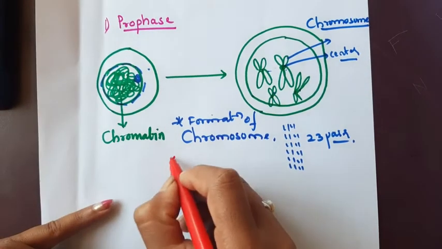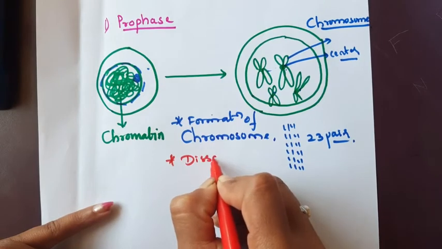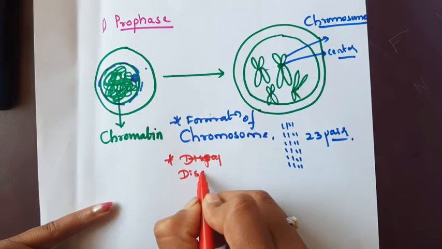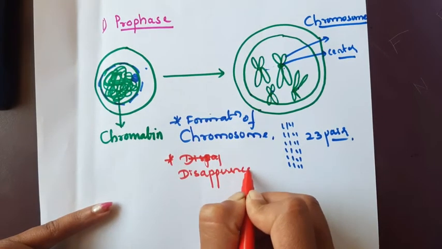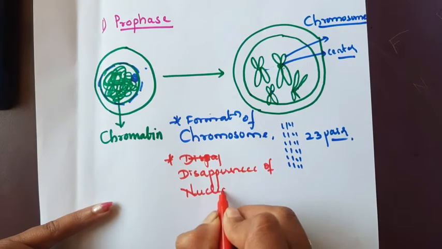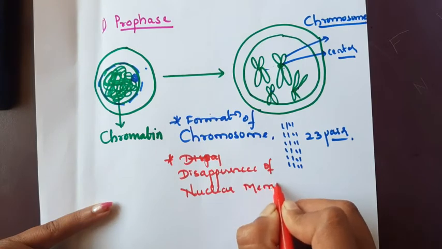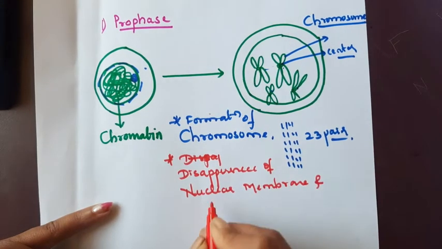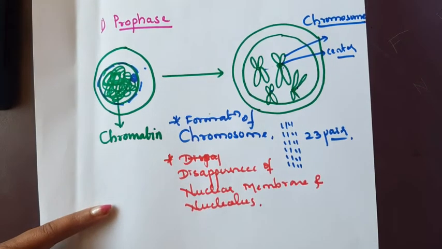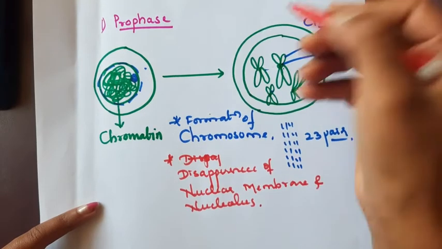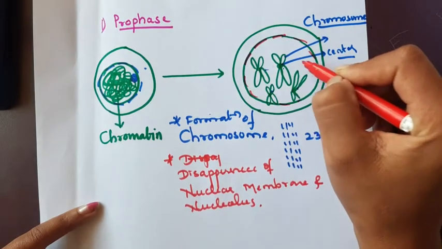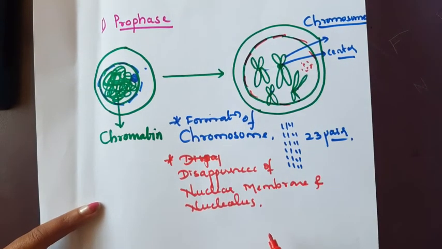Second thing, disappearance of the nuclear membrane and the nucleolus. This is the nuclear membrane. It is going to disappear and the nucleolus also starts degenerating.